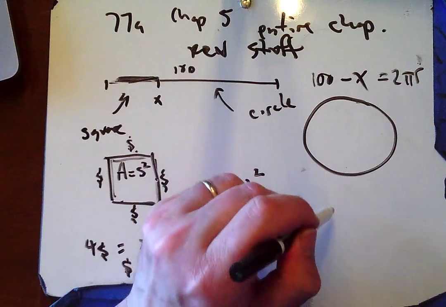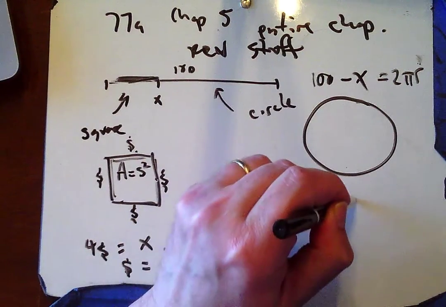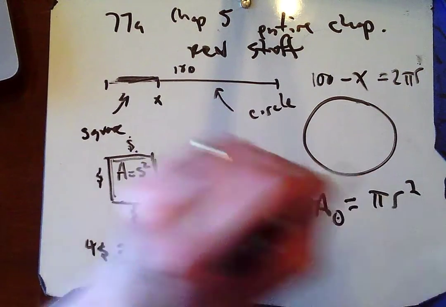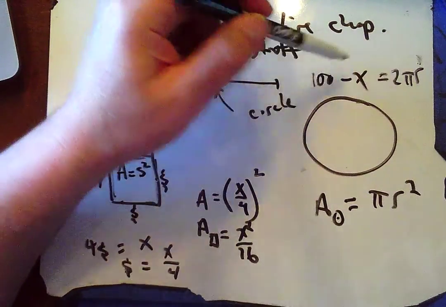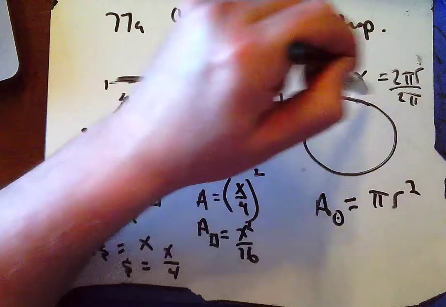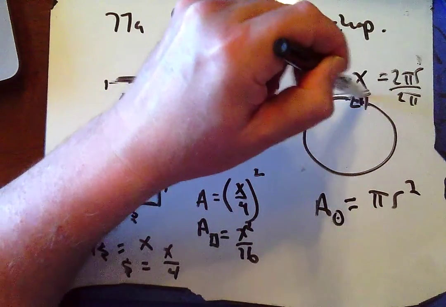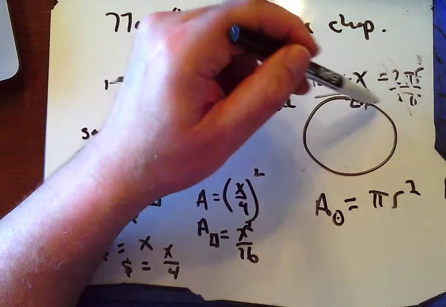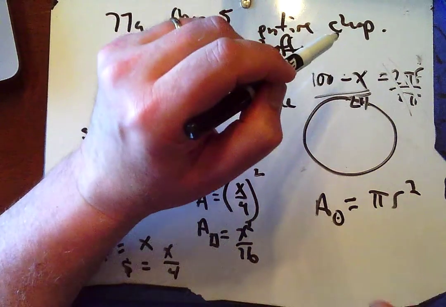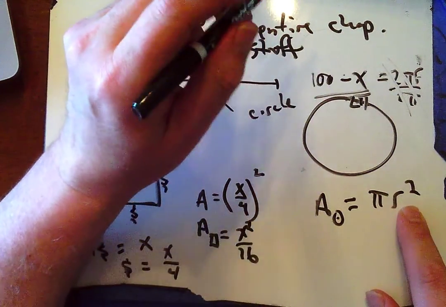And I know the formula for area of a circle is pi r squared. So I really want to know what r is in terms of x. If I divide both sides by 2 pi, I see that radius is going to be 100 minus x all over 2 pi. So that's going to go in there.